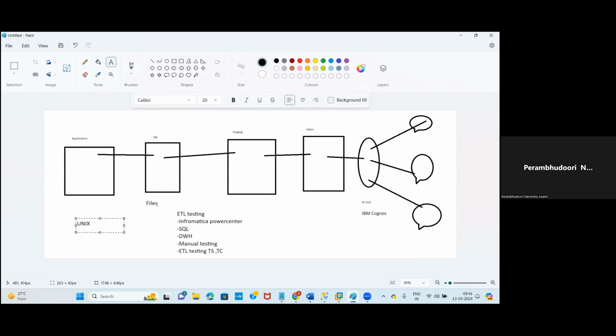And also we are looking into the real-time projects, and we are going to look at the architecture. If you put some experience in a resume and go for an interview, they will ask you the architecture of the project.